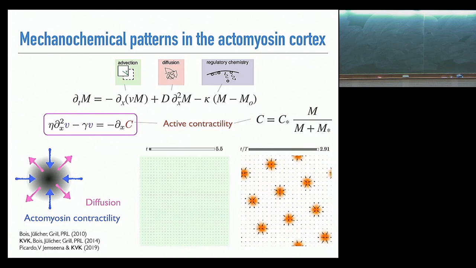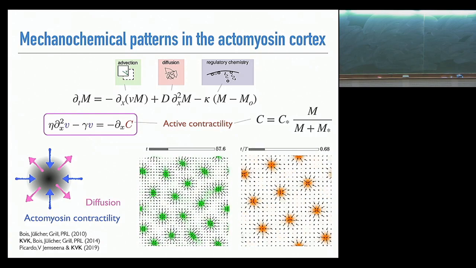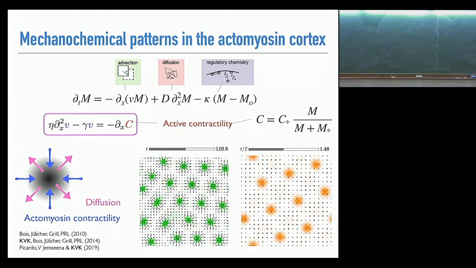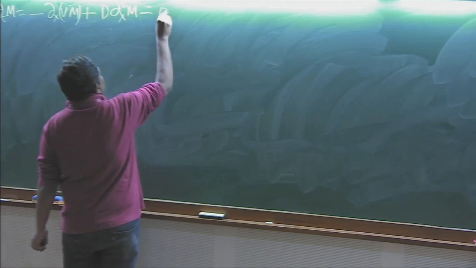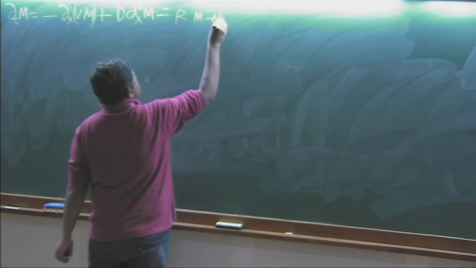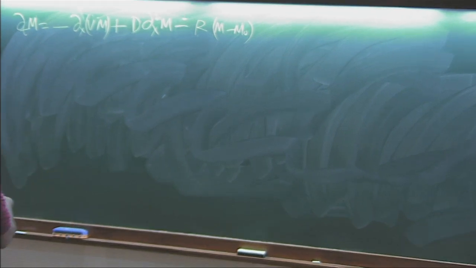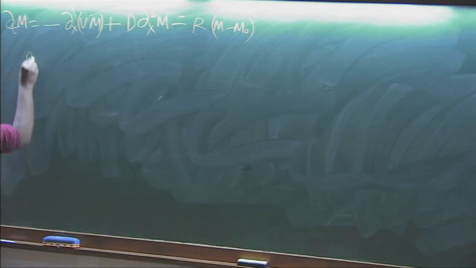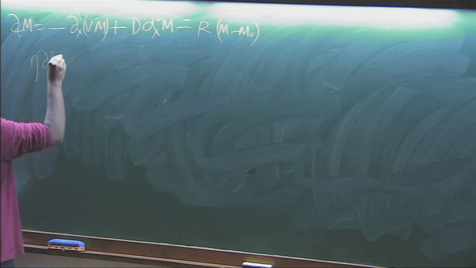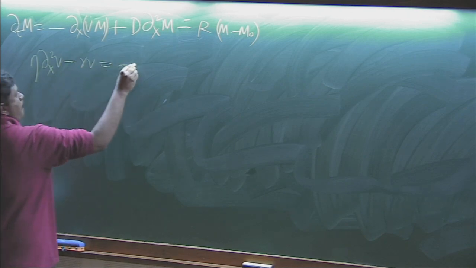So we have an equation for the myosin, which is basically advection and diffusion and a turnover. I will use R here because I want to use K for the wave number. And you have the equation for the flow.